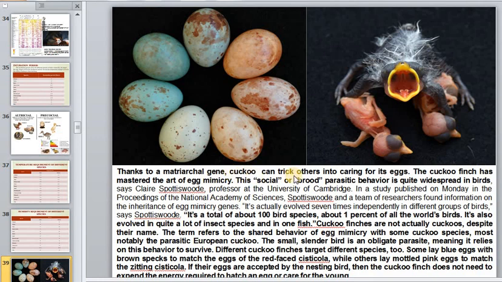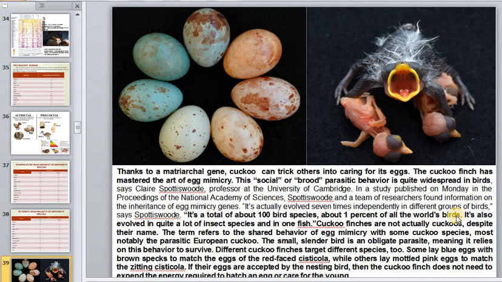Cuckoo can trick others into caring for its eggs, and finch has mastered the art of egg mimicry. And this social or brood parasitic behavior is quite widespread in birds, about 100 bird species. About 1% of all the world's birds use this technique to avoid caring for their young.